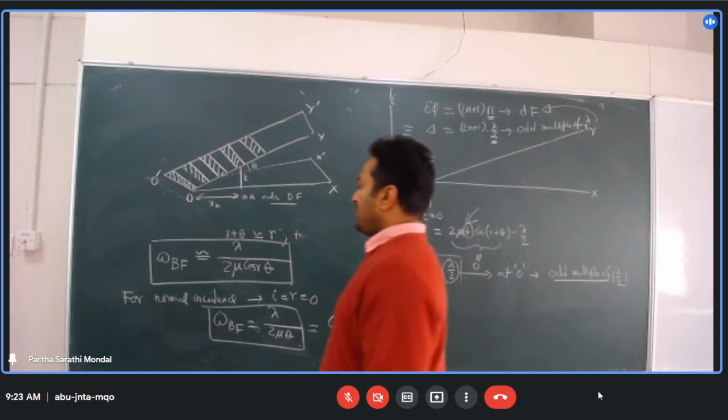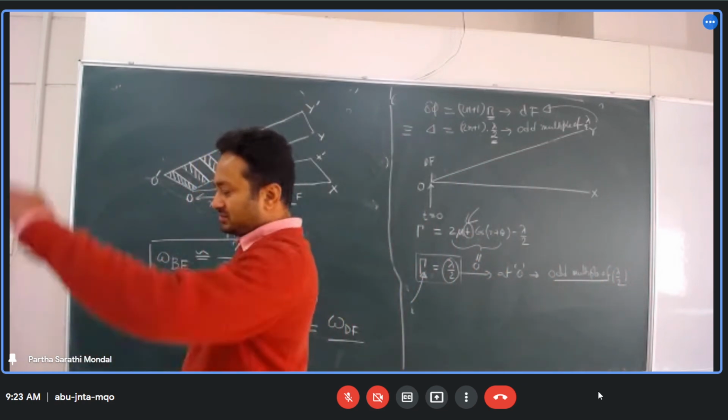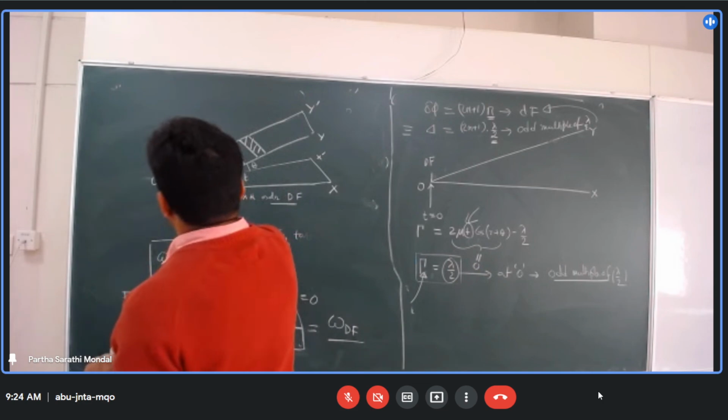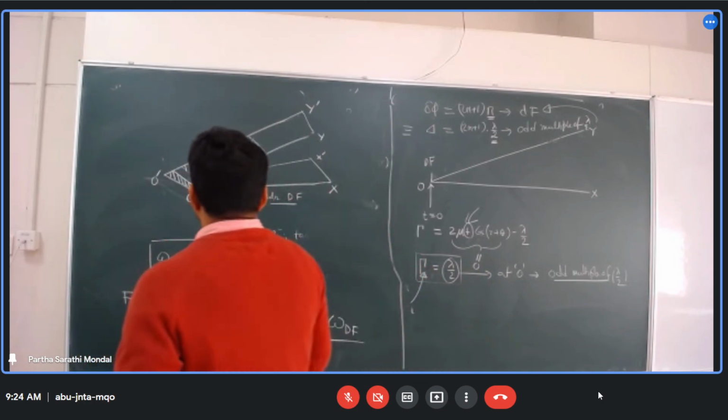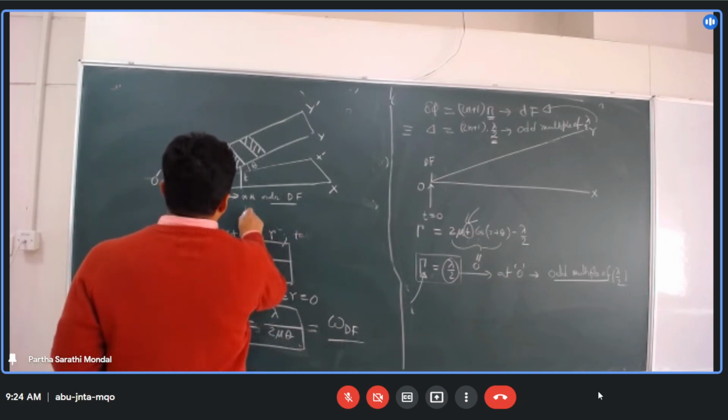That means for a particular setup, on top of the film you will get a fringe pattern, and this fringe pattern is called fringes with equal thickness.